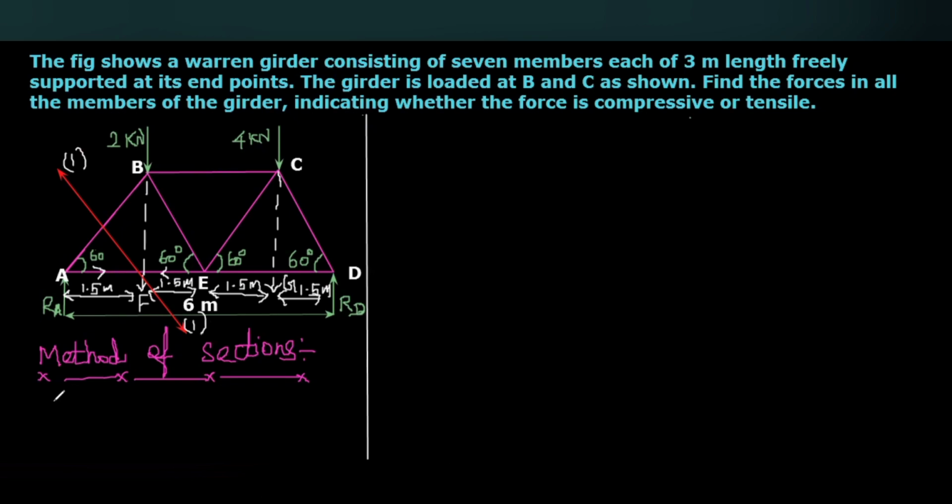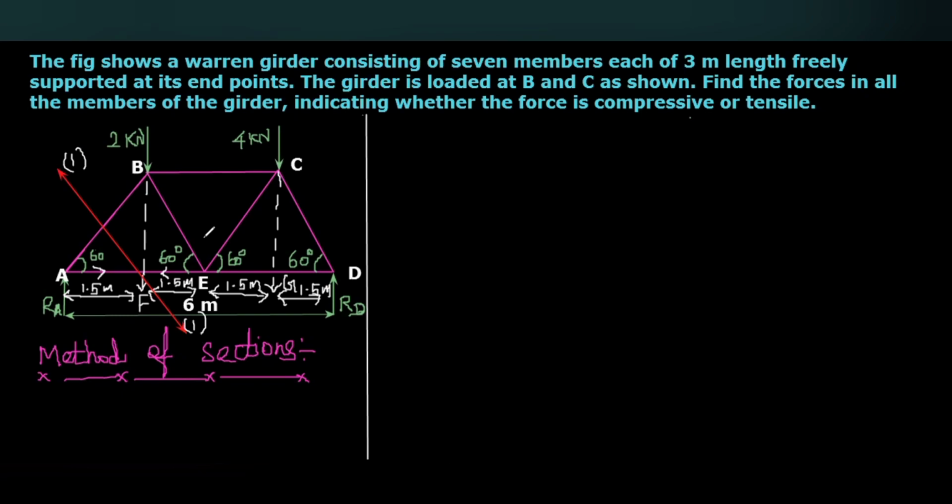Here the section line cuts the truss into two portions, that is the left side portion and then the right side portion.